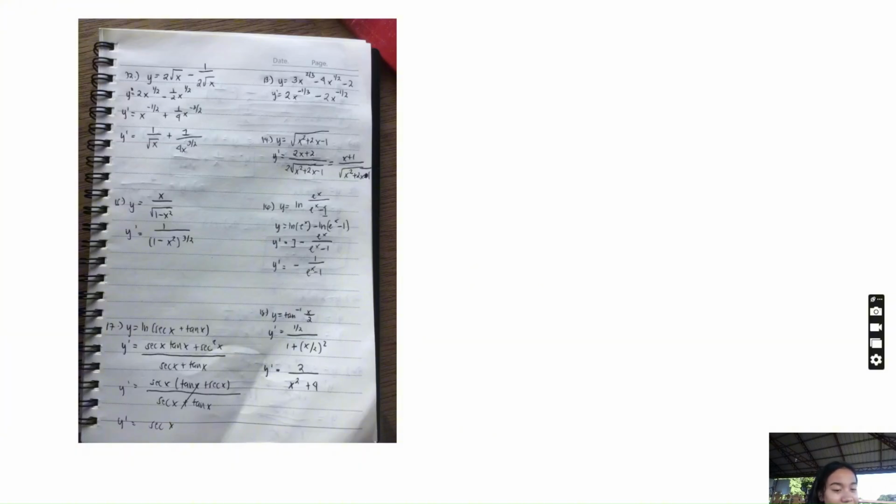And that gives us y prime equals 1 minus e to the x all over e to the x minus 1. And so we have obtained y prime equals negative 1 all over e to the x minus 1. So that would be our answer for number 16.